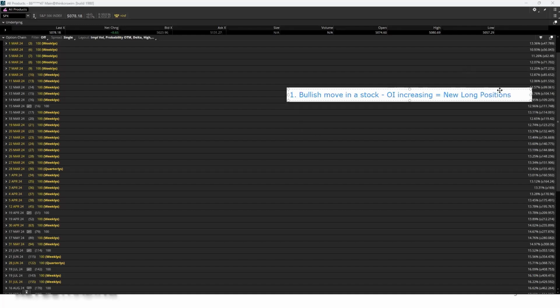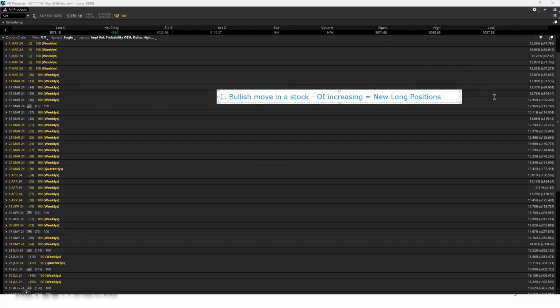Okay, so the cool thing about this is you can use this without even looking at a chart. You literally can trade off options data without ever looking at a price chart. I'm not suggesting you do that or saying you have to, but this is actually probably more reliable than trying to use technical analysis on a chart to forecast price. I like to use them together, but that would be one instance.